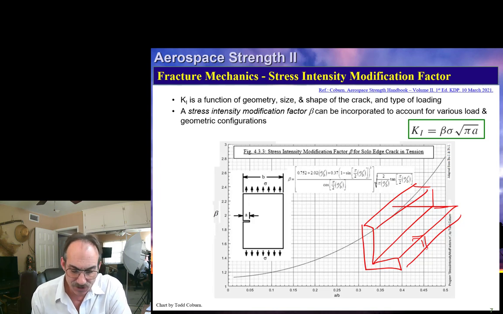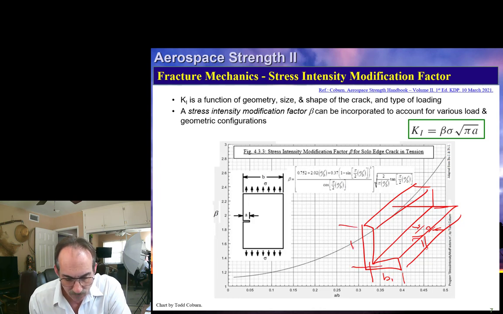That edge crack, we look at this and we say, well, that's our A dimension. Great. And we can say, okay, this angle from here to the half width, we'll call that B1. From half width to the end, we'll call that B2. So B equals B1 plus B2. Notice that's going to the half thickness, not to the edge of the part. That's going to be our B.